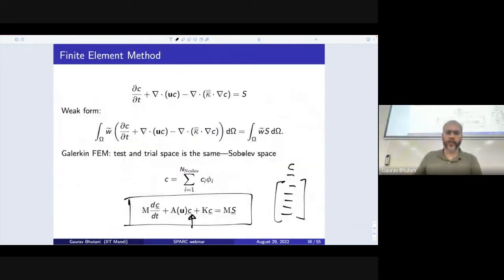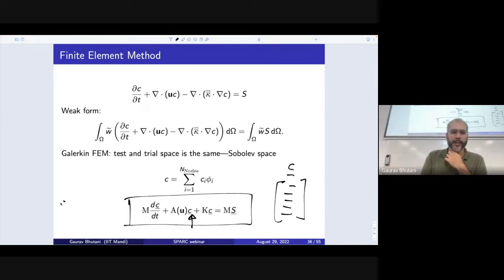The last equation that we have on this slide is precisely that. So dc by dt denotes the derivative of the coefficient c as a function of time, and we are trying to find coefficient c. We use some sort of a theta scheme here.